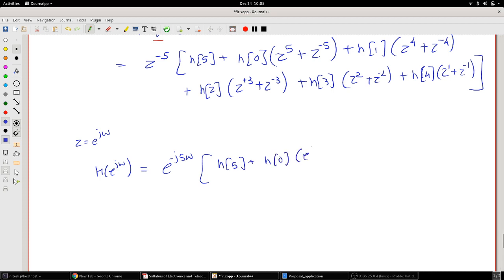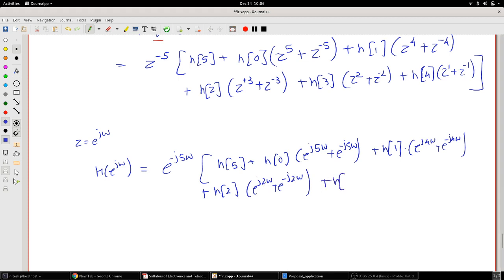into e raised to j 5 omega plus e raised to minus j 5 omega, plus h of 1 into e raised to j 4 omega plus e raised to minus j 4 omega, plus h of 2 into e raised to j 3 omega plus e raised to minus j 3 omega, plus h of 3 into e raised to j 2 omega plus e raised to minus j 2 omega, plus h of 4 into e raised to j omega plus e raised to minus j omega.